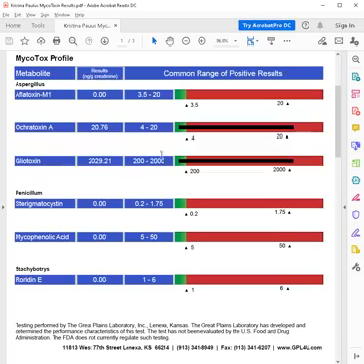So, as you can see here on the left, we have the metabolite, the results is next to it, and then the common range, not the normal range, but the common range of positive results.